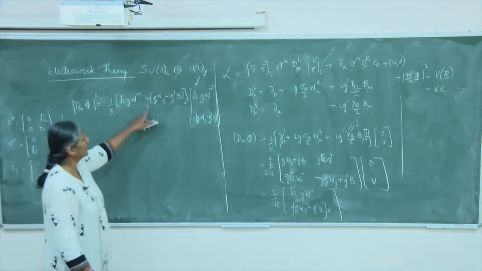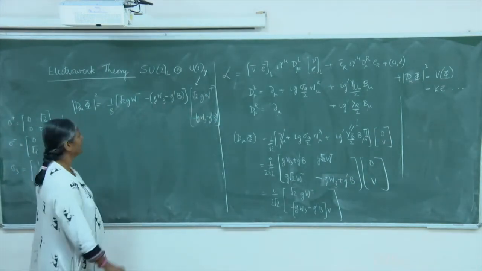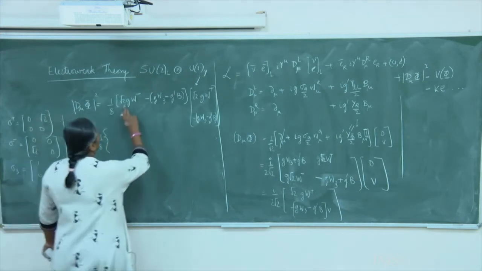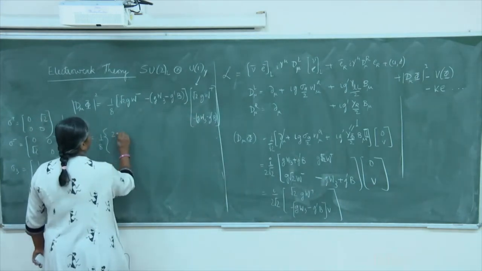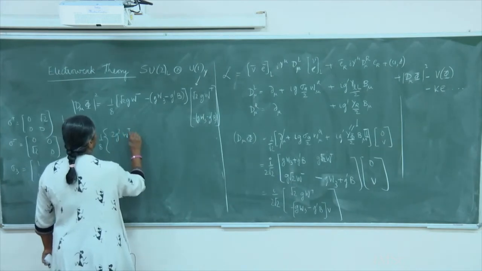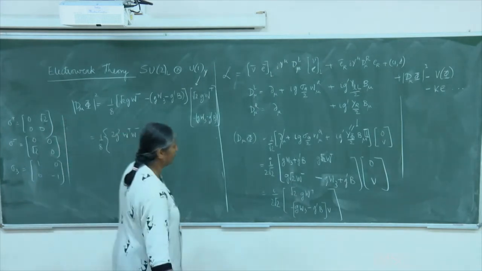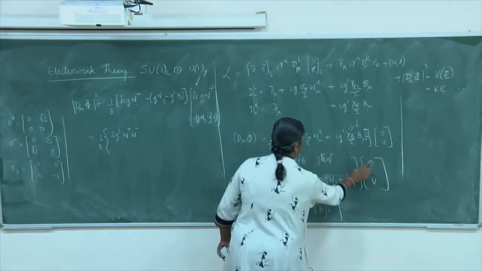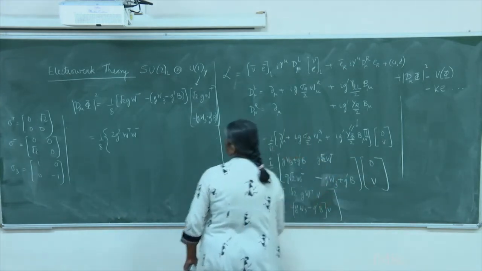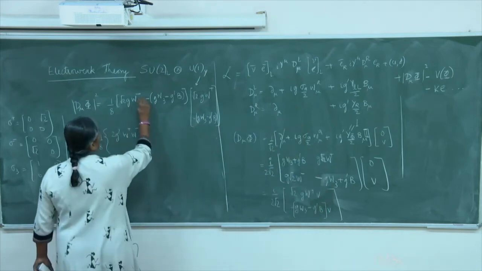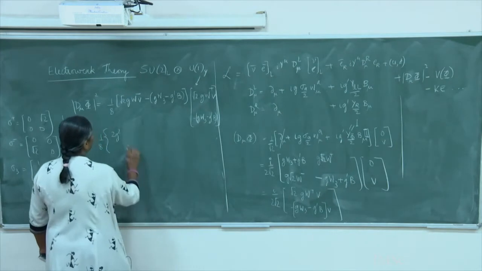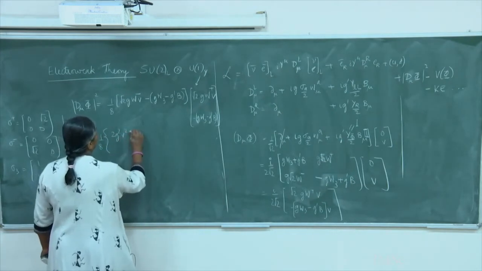This is d mu phi dagger, this is d mu phi. So what is that? So root 2 into 2 is 2, G squared W plus W minus. I have dropped something very clearly. I have dropped the V over here. This into this plus this into V. So there is a V over here and a V over here, because I know that I have to get GV as the answer, right?